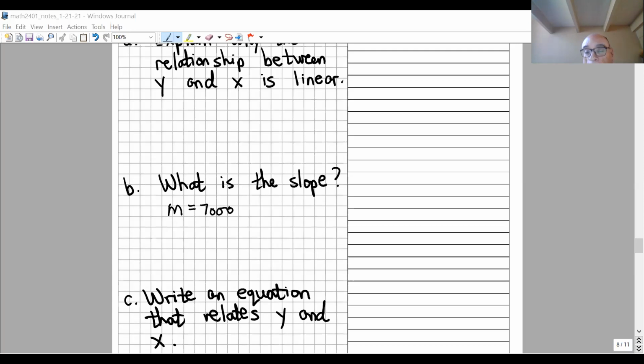In a function, if you look at all the ordered pairs, each first coordinate is matched with exactly one second coordinate. So each x coordinate is matched with one and only one second coordinate.